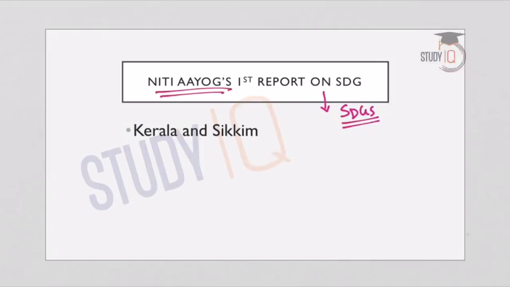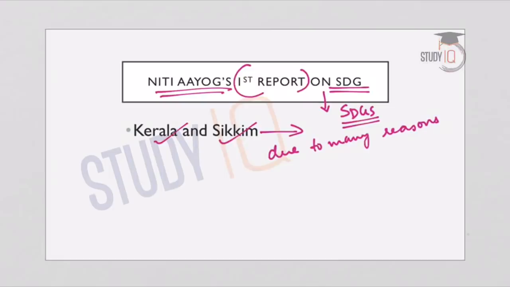According to NITI Aayog's first report, except the states of Kerala and Sikkim, all other states are in the red list. That means due to various reasons, the performance of various states in bringing down the gender gap is very poor. But two states have fared well, that is Kerala and Sikkim.